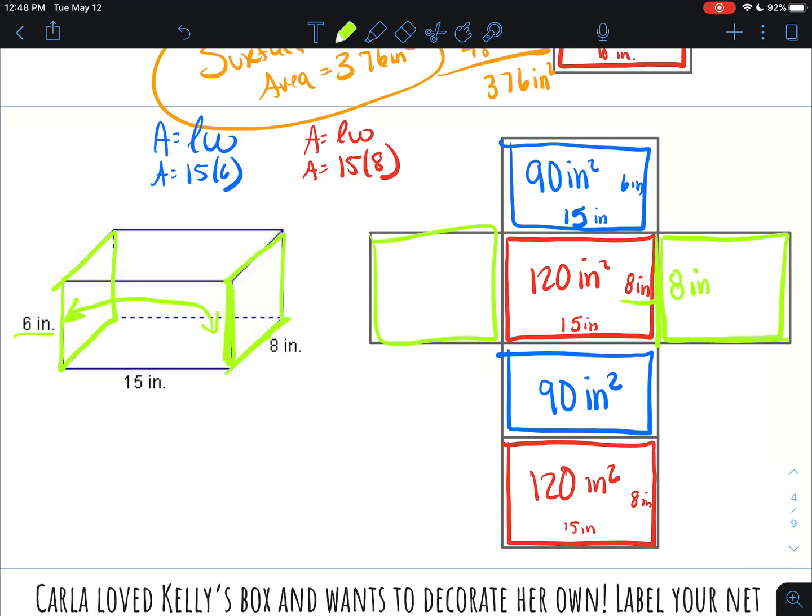I know that this side is identical to that side of the rectangle. So since this is 6 inches over here, this has to be 6 inches. This has to be 6 inches. Okay, because opposite sides in a rectangle are equal. So this is an 8 by 6 inch rectangle. So 8 times 6 is 48 square inches, and I know each side is identical.